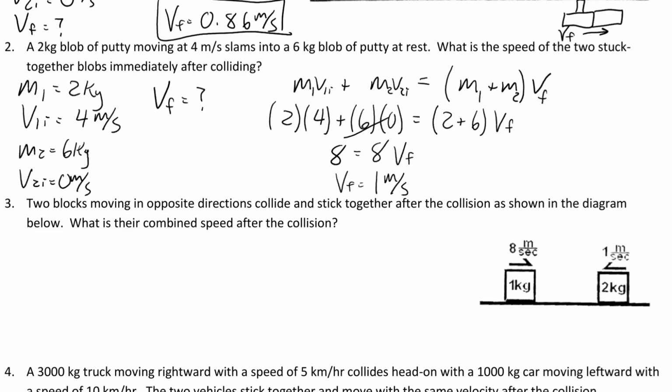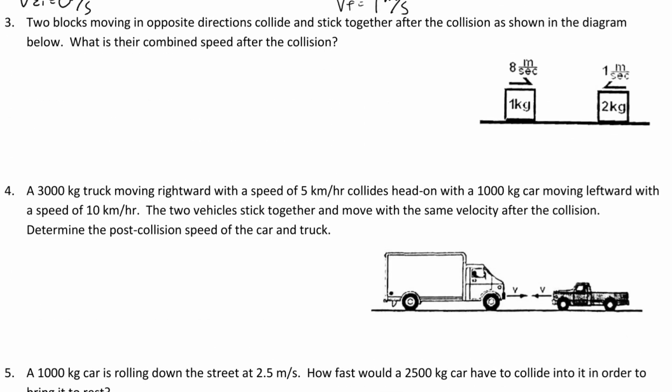All right, pretty good. Number 3, two blocks moving in opposite directions collide and stick together after the collision as shown in the diagram. What is their combined speed after the collision? This is a tricky one. So M1 is going to be 1 kilogram, and its initial velocity, V1I, is equal to 8 meters per second.